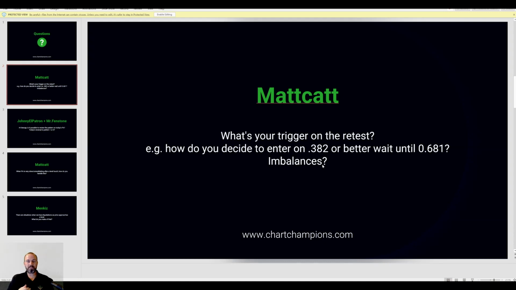But even if you enter at the 382 and the price goes to the 618, your stop loss should always be above the higher high or below the lower low. Give it some space, 0.1, 0.2%. So even if you enter at the 382 and the price goes higher, if you're looking for a short, you still would be safe. But the triggers are basically the imbalances.